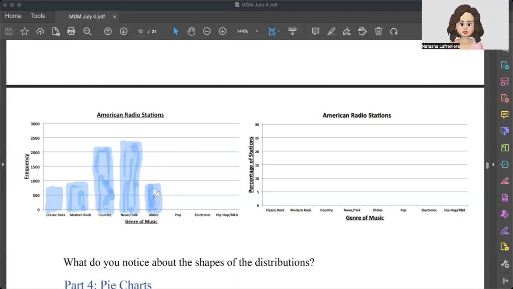It'll be easier for you guys when you're not on a computer. I usually have a tablet, but for some reason it's not working. Okay, pop. You can color that in. Electronic is right here. Hopefully you've done bar graphs before and this isn't new to you. And we've got hip hop.